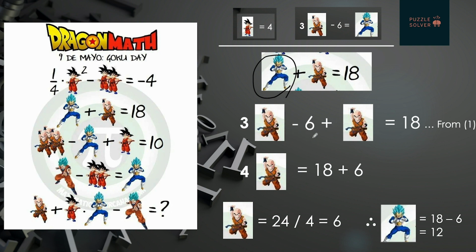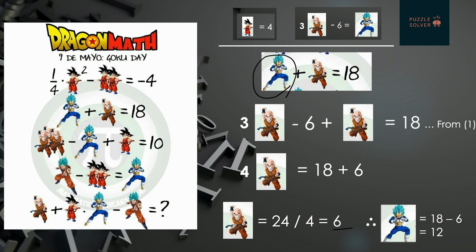So 3 Krillin minus 6 plus 1 Krillin is equal to 18. Now solving this, 3 Krillin plus 1 Krillin is 4 Krillin, which is equal to 18 plus 6, equal to 24. So 1 Krillin value is equal to 6.